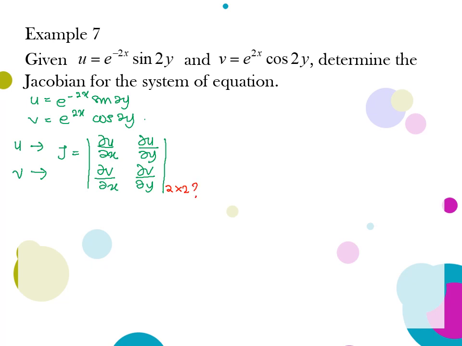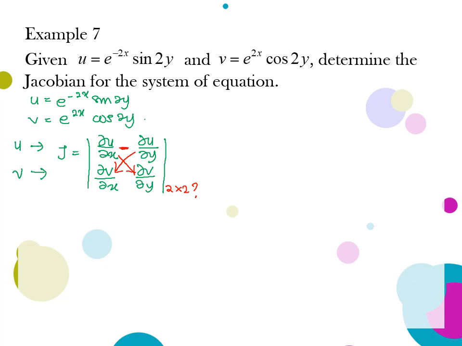It is easy. It is just the cross product of these two, minus the cross product of these. That is the determinant for 2 by 2, or in this case we are finding the Jacobian. So the name is Jacobian.